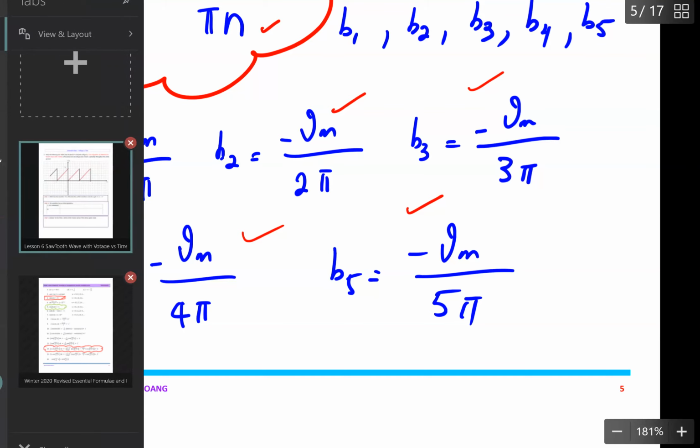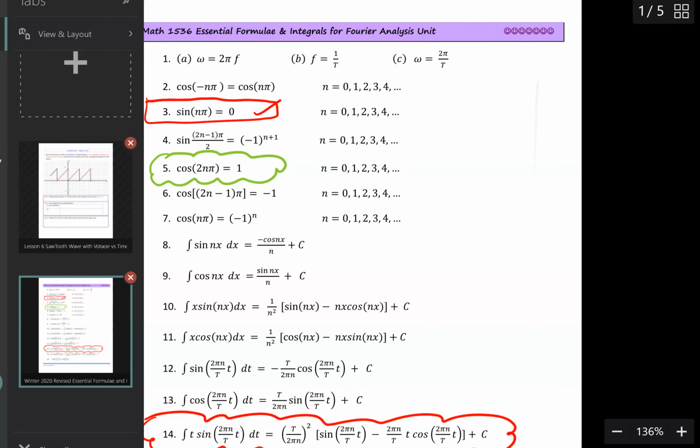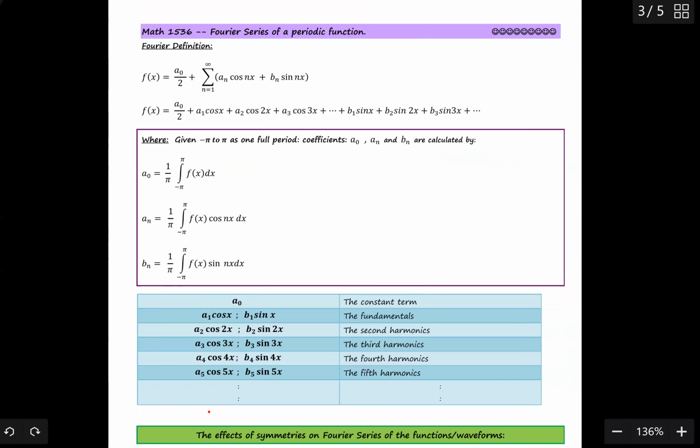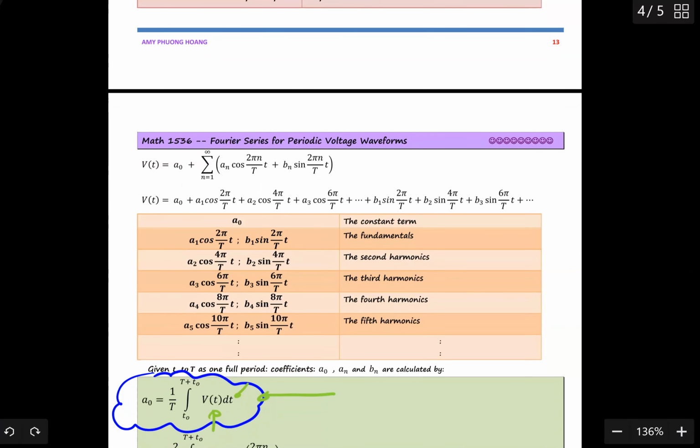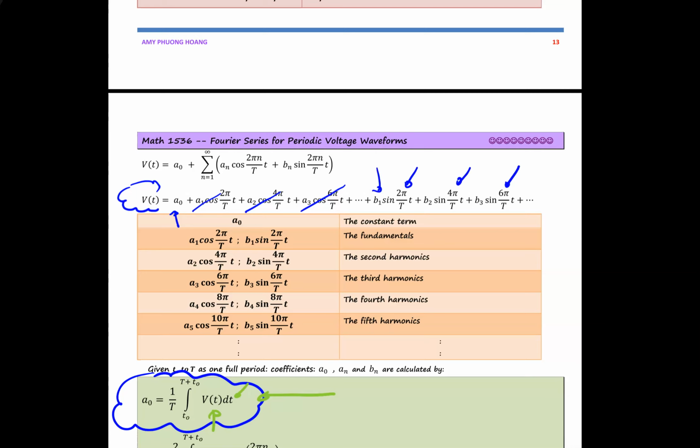So we are going to go back to our formulas, and on these formulas we are going to look for the one that says Vt. So right here my Vt is this. Here I have A0, I have to write it, but I don't have any of this cos term. I have to find the sine term. So here the sine, you will replace your B1, B2, B3 with whatever you found, and then you have to put in the sine of all of this argument.